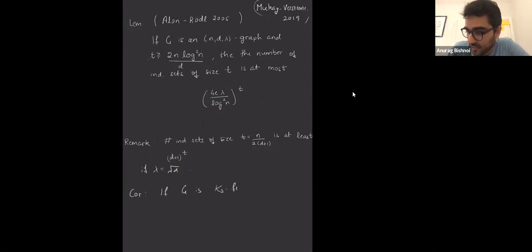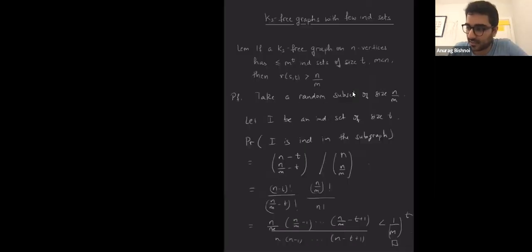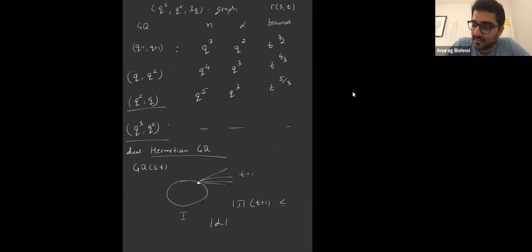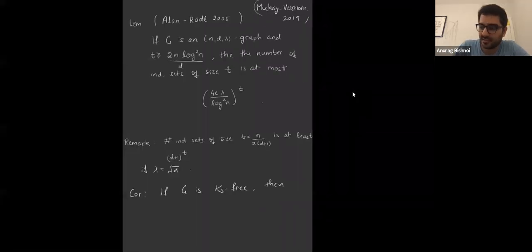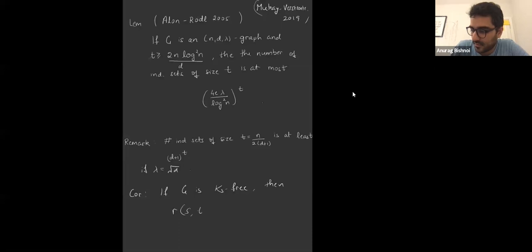If G also happens to be K_s-free, which it was in the case of the previous construction we saw, where we had an (n, d, lambda) graph which was triangle-free, K_3-free, then the Ramsey number R(s, t), where t is larger than this thing over here, is strictly greater than, you can just divide n by that.